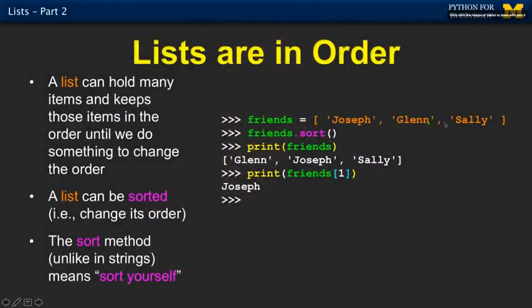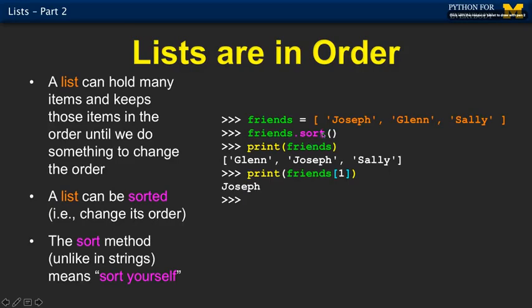Lists maintain order. The order that you put things in is the order that you get them out. So append, append, append, whatever you've appended, it comes out in exactly the same order. Lists maintain that. They're kind of dense and compacted, and you can only add to the end, although you can say, push all those ones down and put something in the middle using insert if you like. But it also means then we can sort them. So here we have 3 things, Joseph, Glenn, and Sally, and we say, hey, friends, sort yourself.